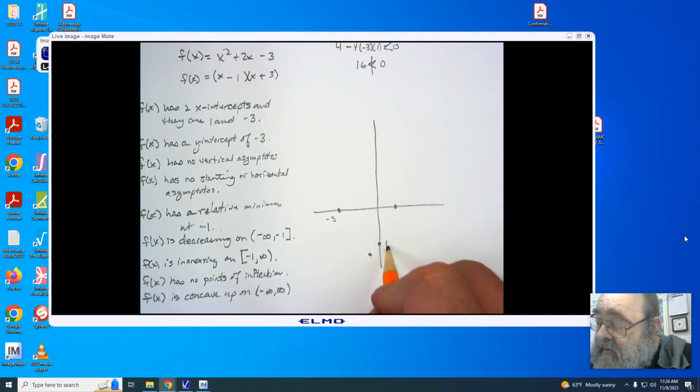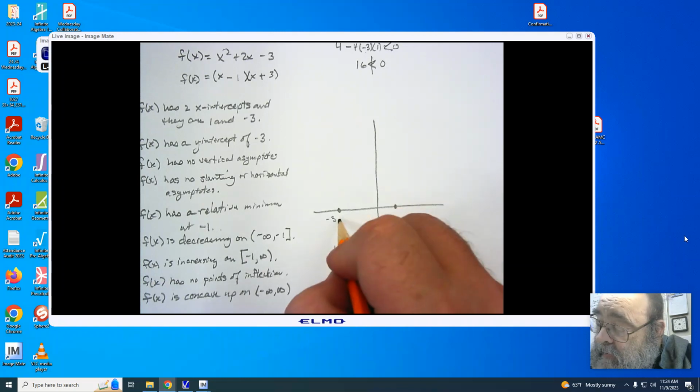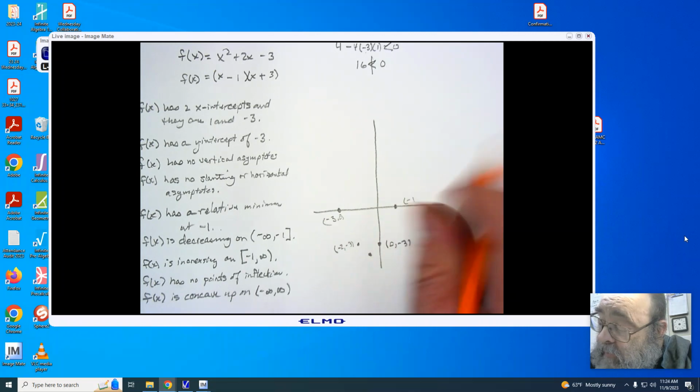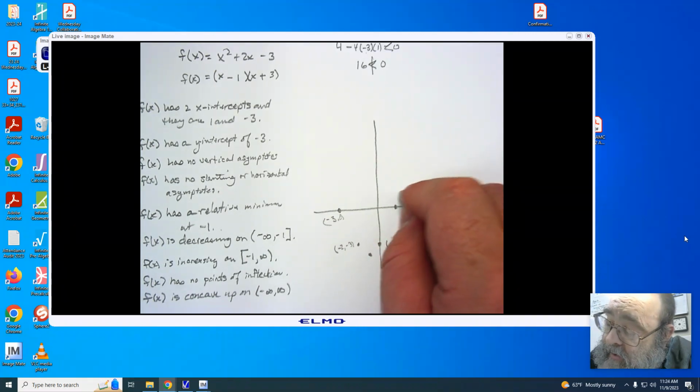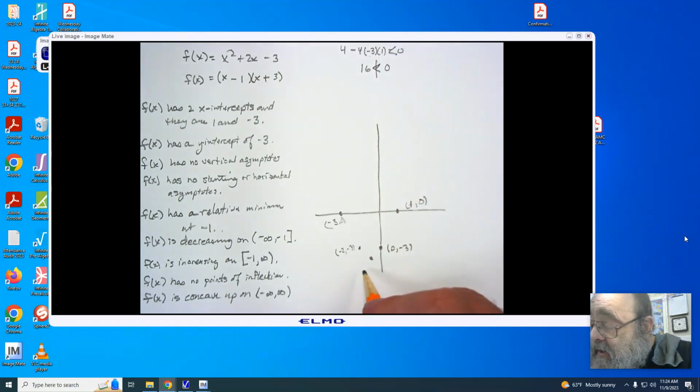So if this is 0, negative 3, we know opposite side over here at negative 2, negative 3. It's negative 3, 0. Positive 1, 0. Let me change that, please. Positive 1, 0.